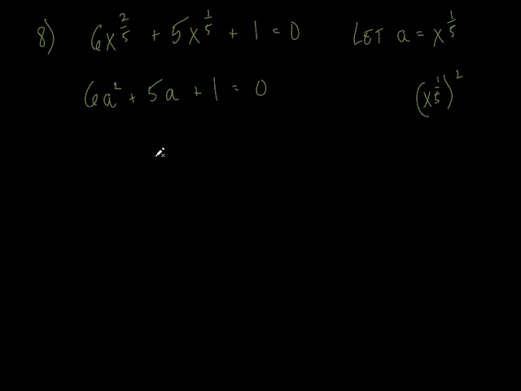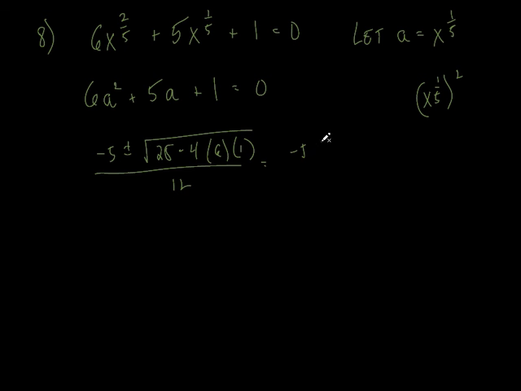I don't know. Does this factor? Let's just try something. I bet you it does. But you like the formula, right? So let's do that. Negative b plus or minus the square root of b squared, 25, minus 4ac, over 2a, which is 12.